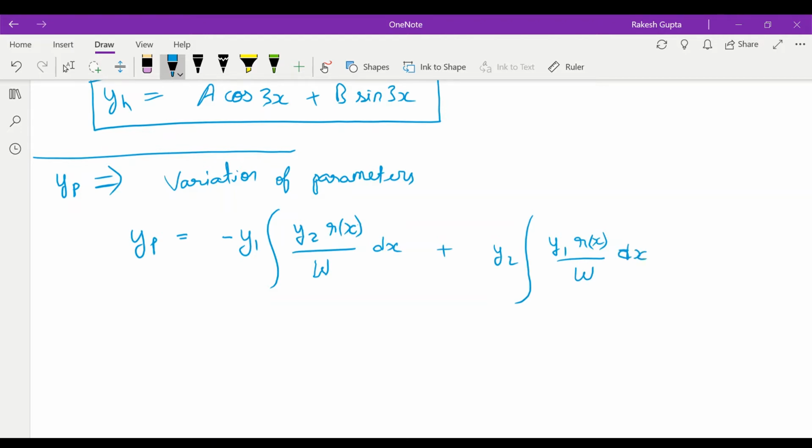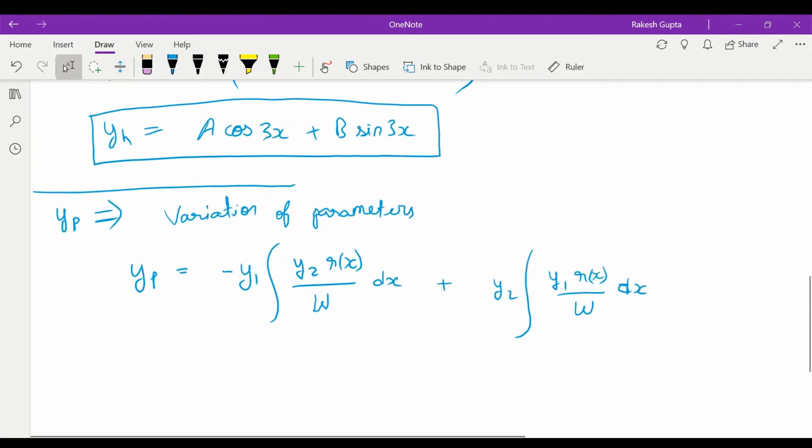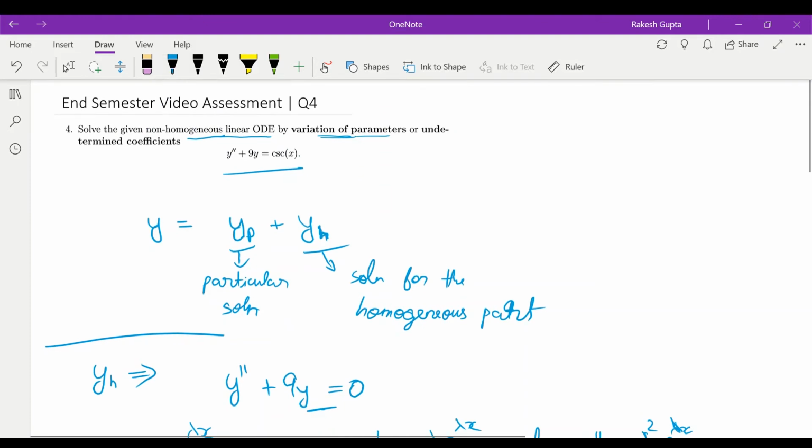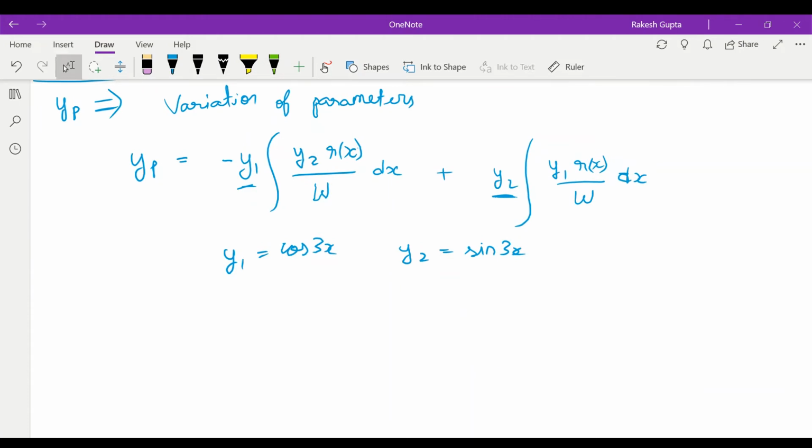So this is basically the formula we are going to use for solving the question. Over here y1 is cos 3x and y2 is sin 3x, and r of x, as given in the question, is cosecant of x.